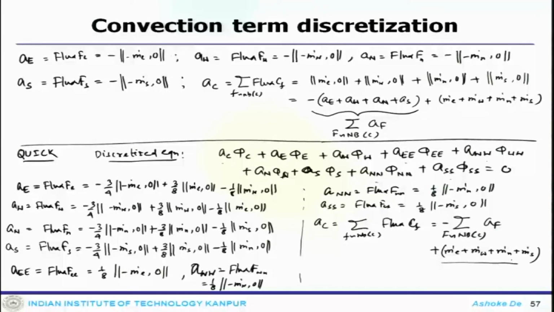So, if you get these things and the equation system, if you look at it from the standard first order upwind scheme to the quick scheme, you get this extra term. Now, if you look at both the discretized equations, they are used for the pure advection problem. So, the physical domain one can look at.